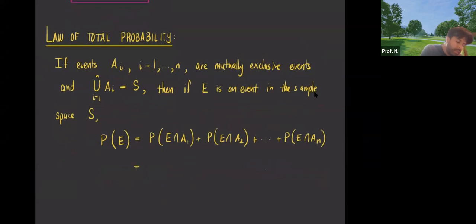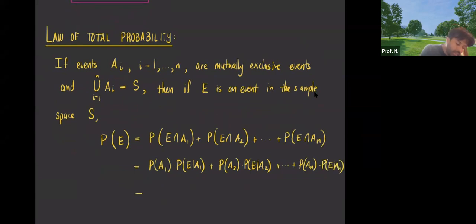But this here is written as what? The probability of A1 multiplied by the probability of E given A1 occurs. That's the formula for that. Then similarly, the probability of A2 times the probability of E given A2 occurs, all the way to the probability of A sub n multiplied by E given A sub n.